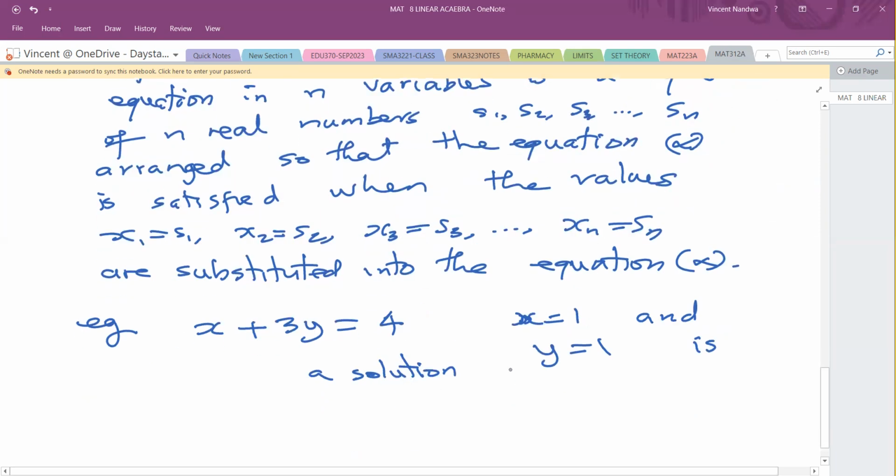Since where there's x, I put 1, plus where there's y, I put 1, I'll get 4. And so the left-hand side and the right-hand side of the equation will be the same. Or simply, the equation is satisfied.